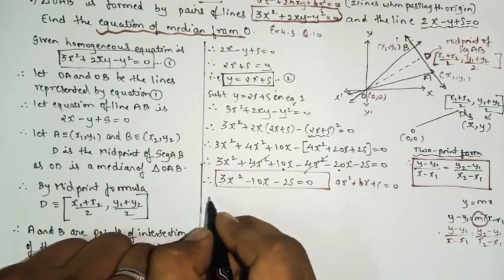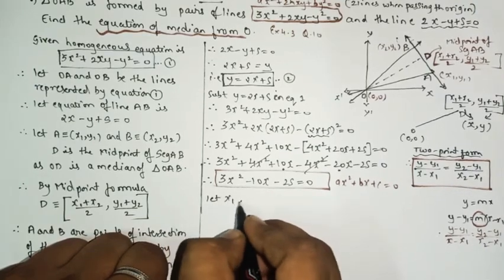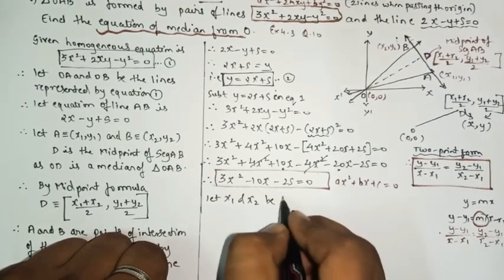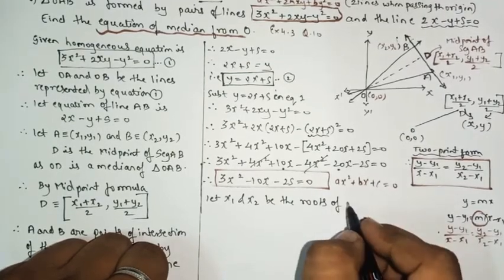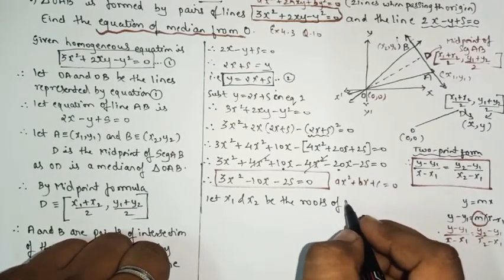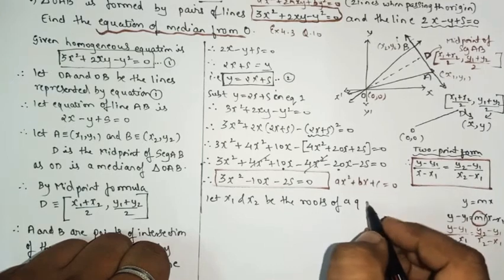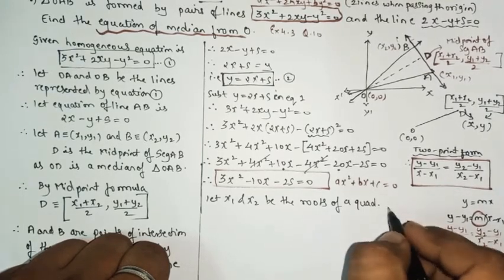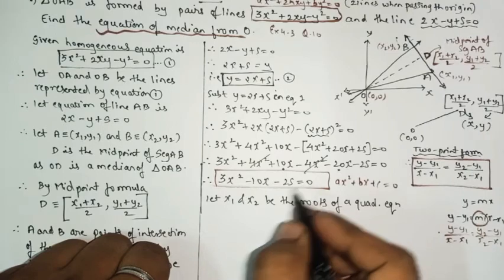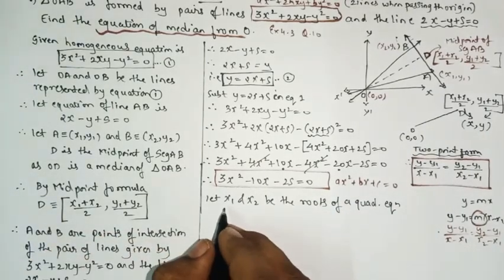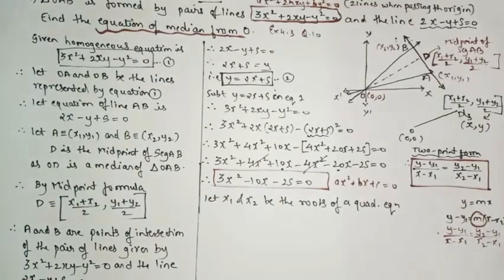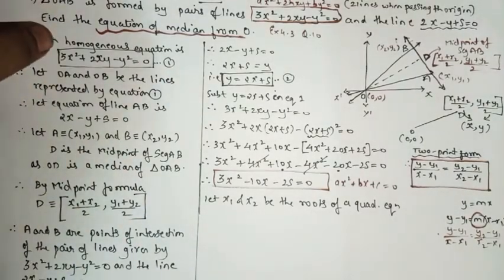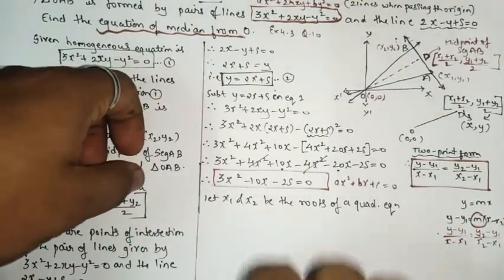We'll write, let x1 and x2 be the roots of a quadratic equation. So this is a quadratic equation. In place of alpha and beta here, for this sum I took x1 and x2. Why I took x1 and x2 you will come to know.